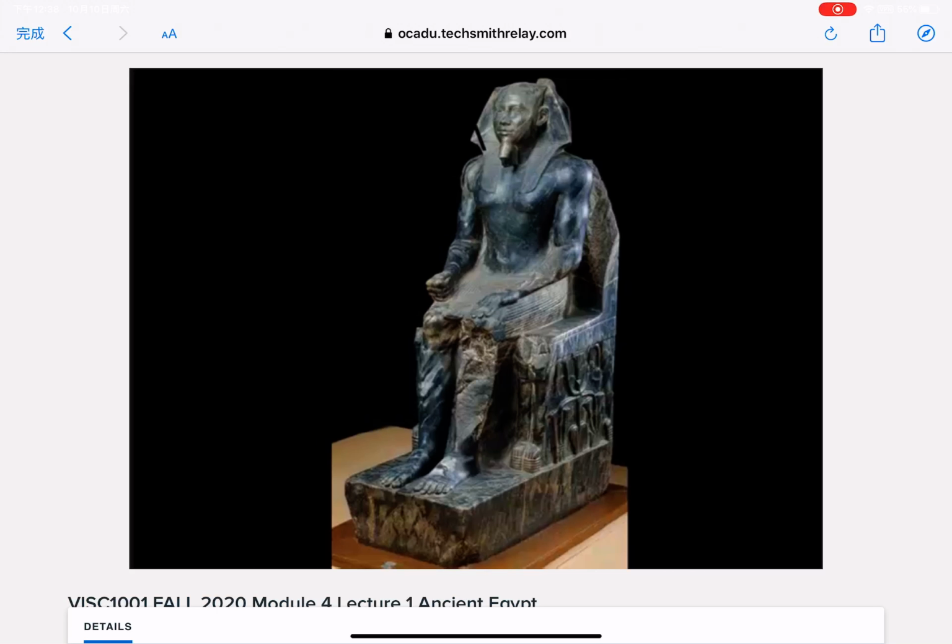But the symmetry and the frontal position and the unwavering gaze and the compact position of the body all convey a sense of solidity, of stability, of an office that cannot be challenged, of a supreme authority.